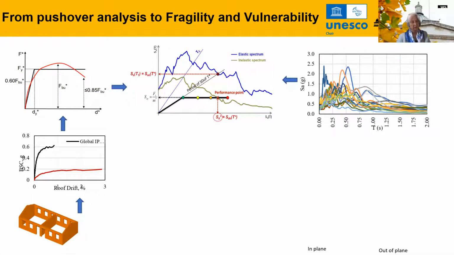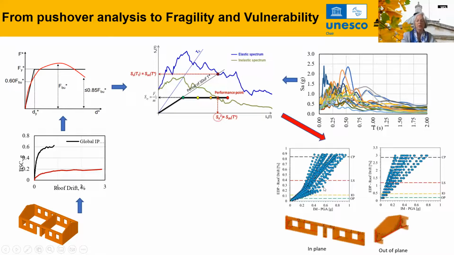The capacity curves, by considering a large number of natural response spectra, will be interfaced with the idealized nonlinear capacity curves, and this will determine a family of different performance points, which will then be analyzed in relation to the thresholds that we took into account earlier in defining the behavior of the structures, as you can see here.